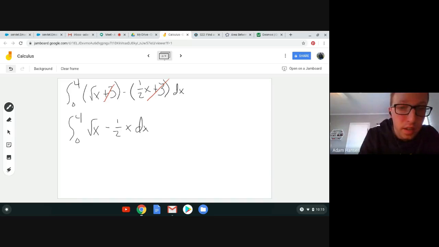The antiderivative is what's next. The antiderivative of the square root of x, let's think of that as x to the 1/2, would be 2/3 times x to the 3/2.